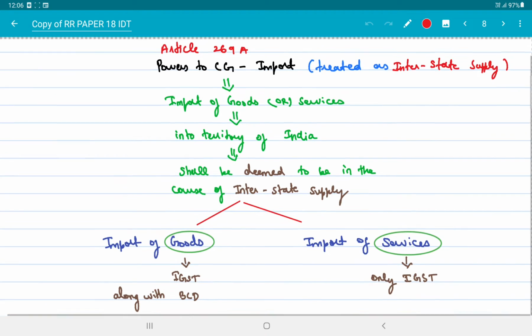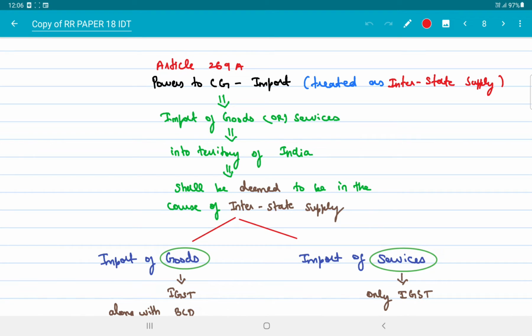Okay, so we talked about supply, which is inter or intra, but Article 266A highlights a power in case there is any import. Power is given to the central government, and the import of what?